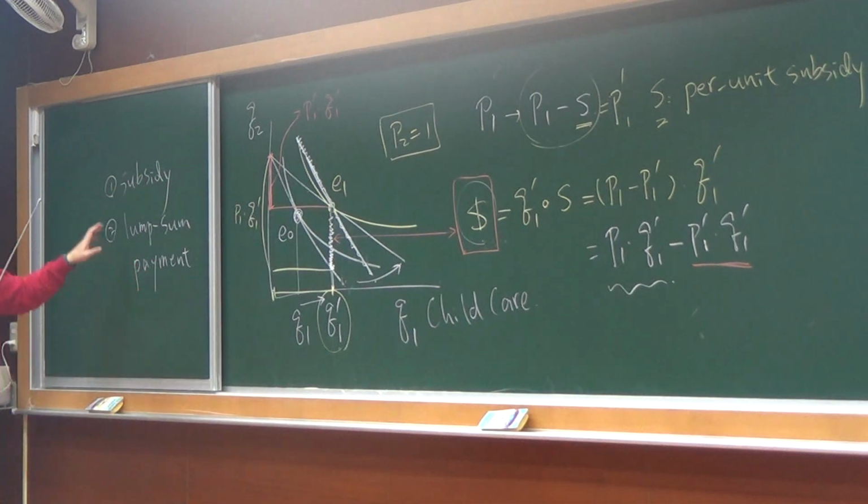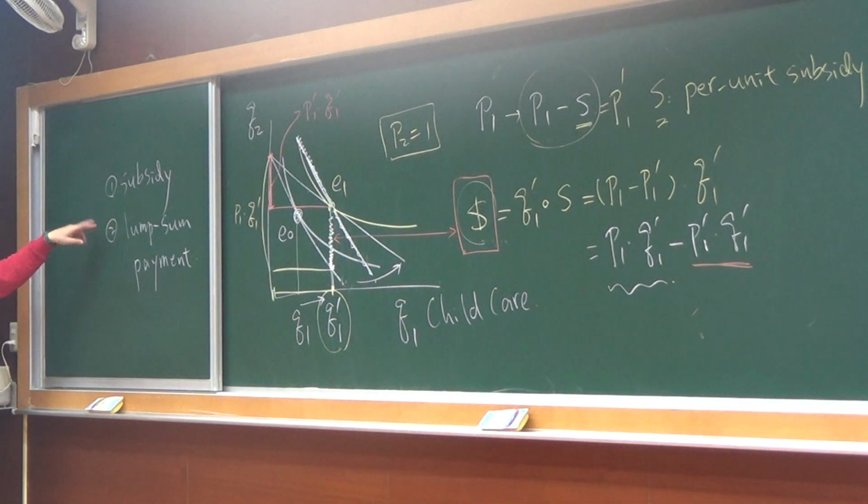So if we want to compare these two policies, we should compare them with a reasonable, comparable standard, right? And the standard would be this: the taxpayer's cost of the subsidy. So both policies are with the same cost.